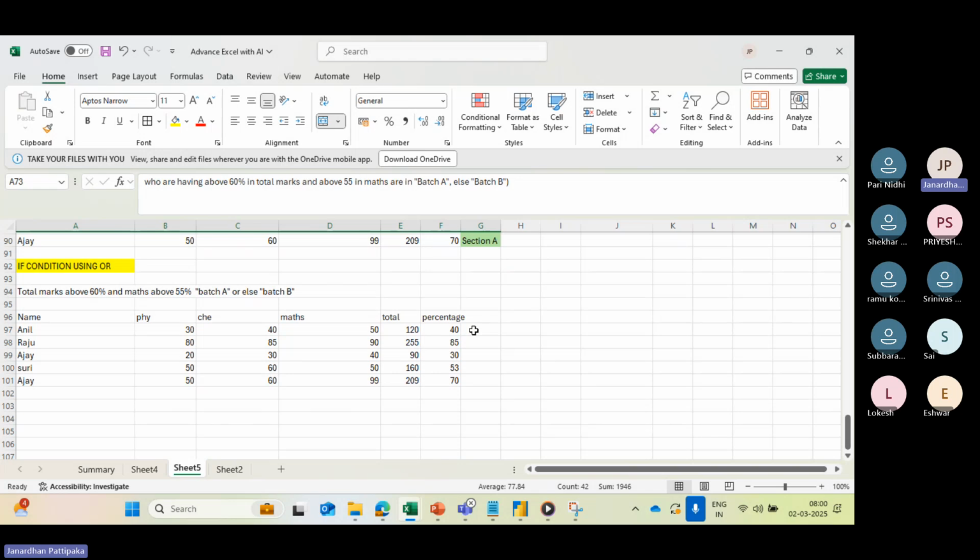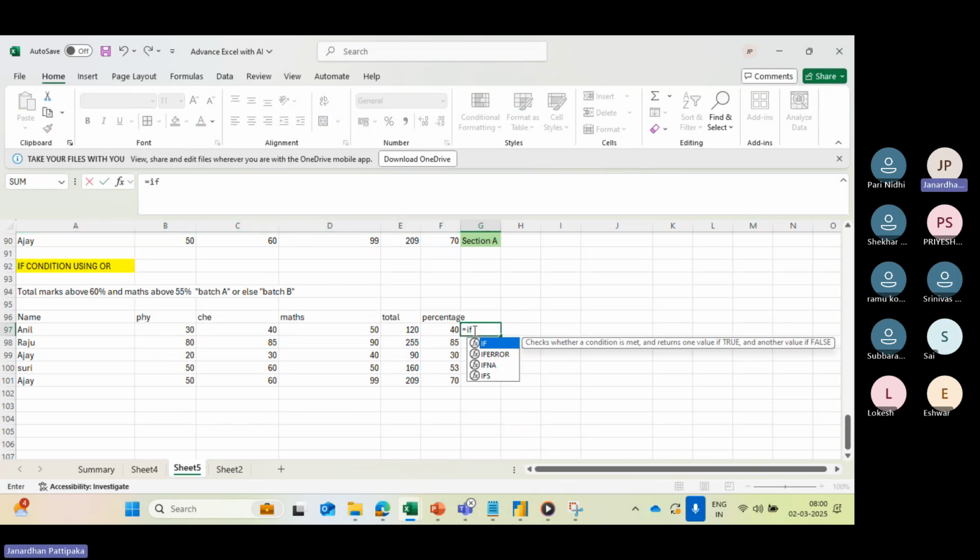So how can you write the formula? The same formula: equals IF, but instead of AND I am using OR. Just click on OR, press tab. Now mention the logic here. If the total marks, where is the total marks here? This is the total marks, which is nothing but the percentage.